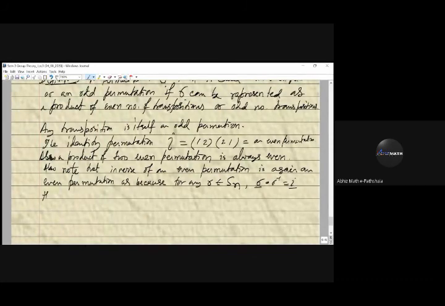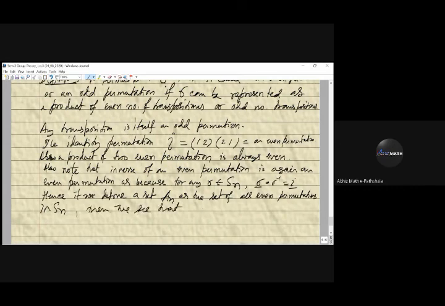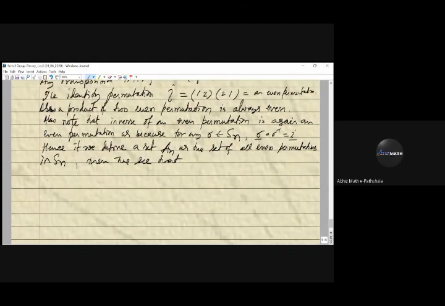So hence, if we define a set An as the set of all even permutations in Sn, then we see that number one, the composition is closed in An.